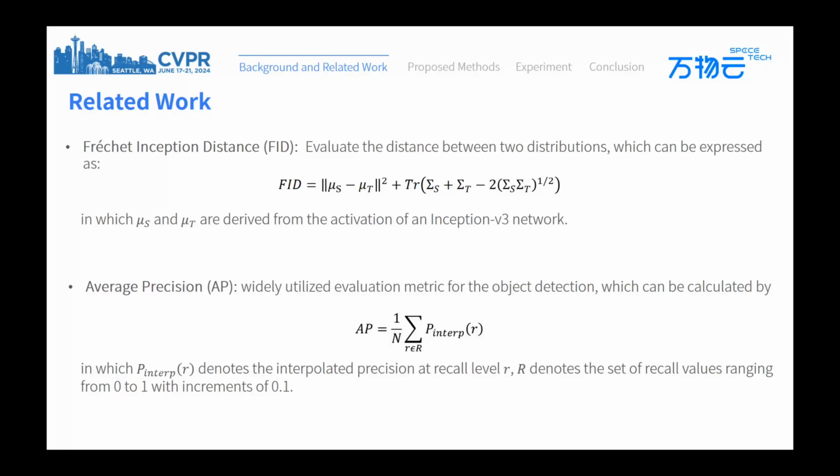In the meantime, average precision is the most popular evaluation metric in the object detection task, which can be calculated by the second formula, in which P interpolated of R denotes the interpolated precision at recall level R, and capital R denotes the set of recall values ranging from 0 to 1 with an increment of 0.1.